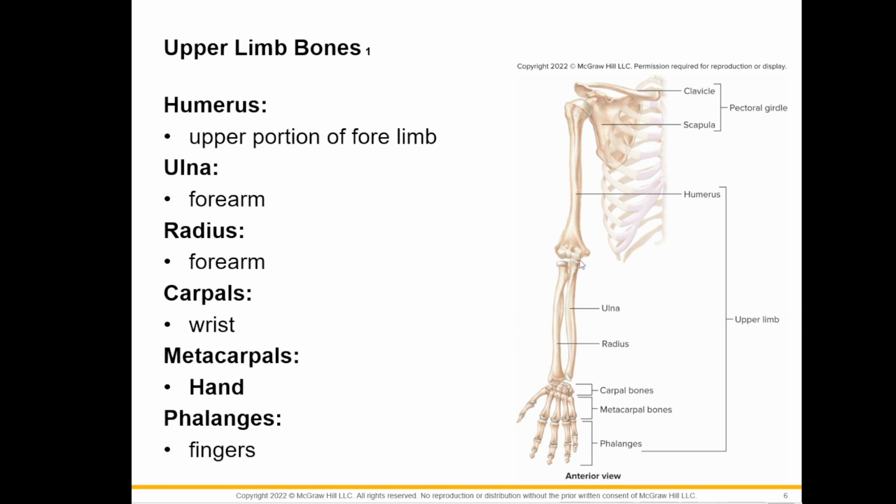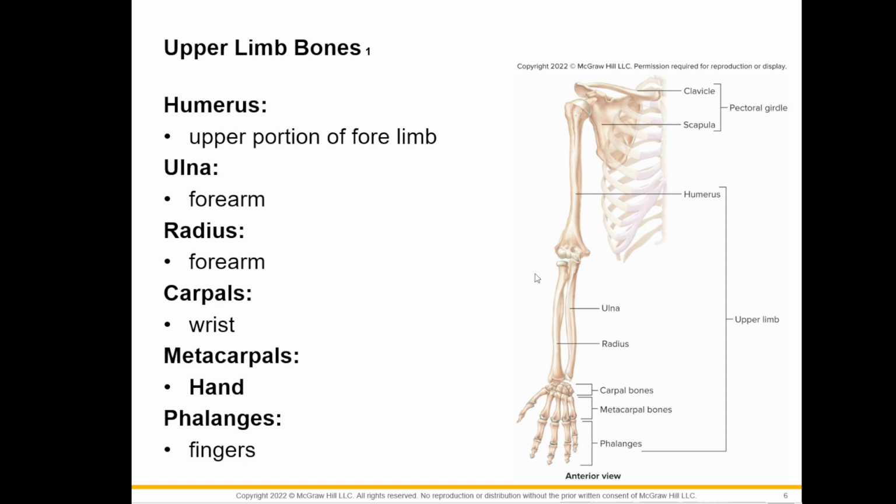The ulna is more medial, while the radius is more lateral. We also have this series of small bones, which are your carpal bones. We have the metacarpals, and we have the phalanges, which are the finger bones.